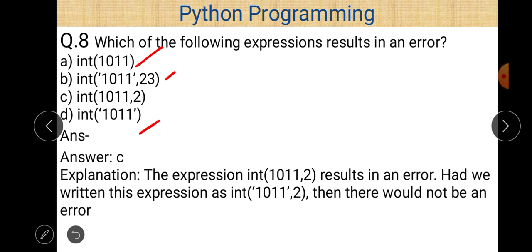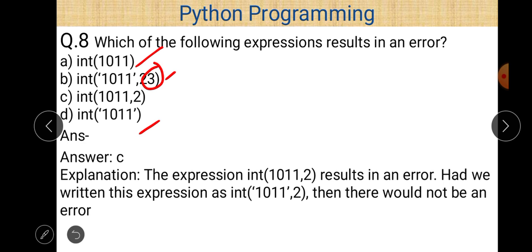Now just look at B. 1011 is a number here given in single quotes, and after that its representation.